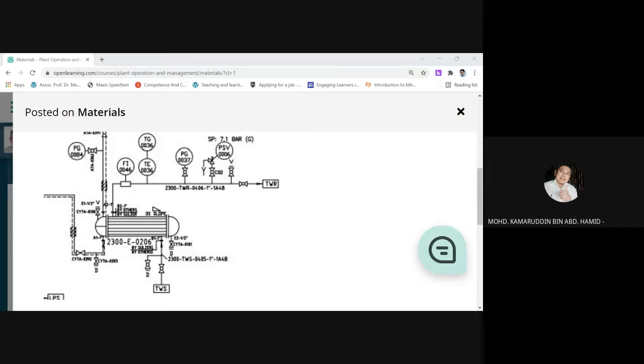Okay, that's right. Boiling point temperature needs to have a pressure reference. Don't make the same mistake nanti bila you all masuk industri nanti.